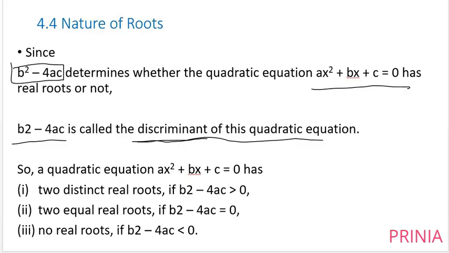The first condition is that if b square minus 4ac is greater than 0, then we have two distinct real roots.